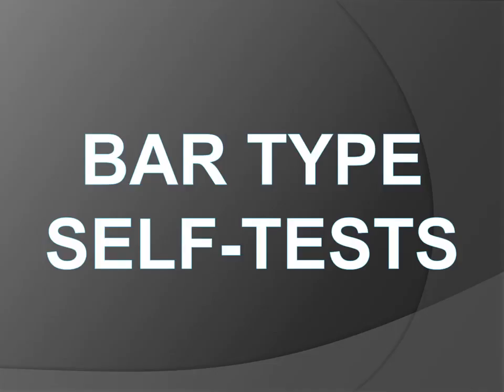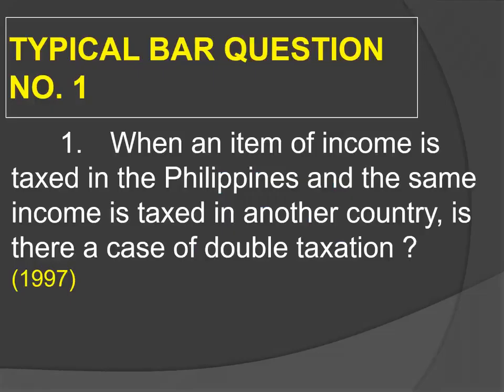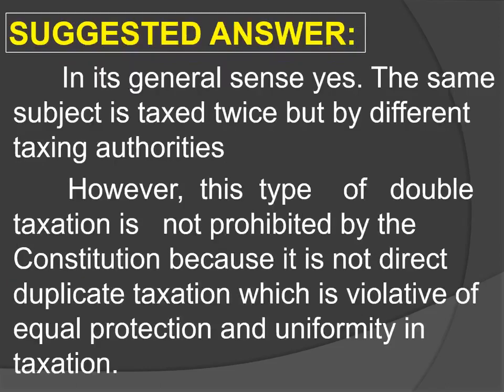So let's look at the bar test here in general. Question: when an item of income is taxed in the Philippines and the same income is taxed in another country, is there a case of double taxation? Notice there, in its general sense, yes. Why?